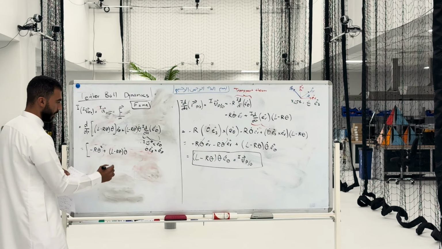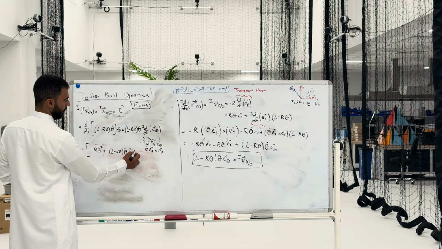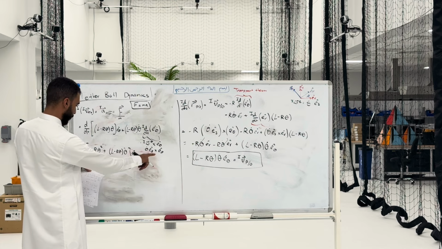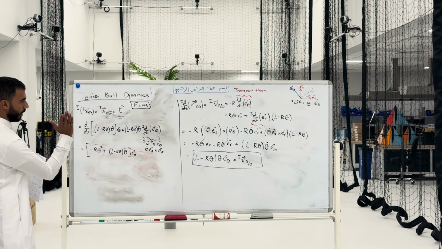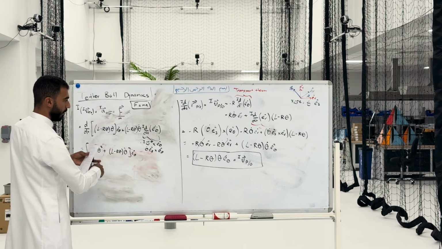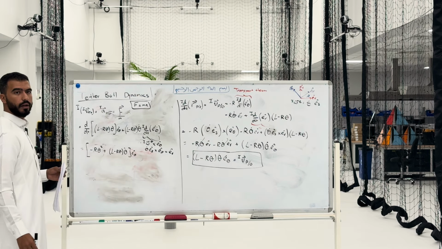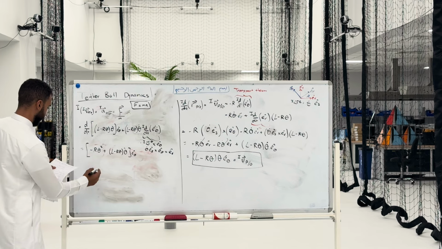Good. In which direction? E theta. This thing, E3 crossed with E theta, is negative ER, right?